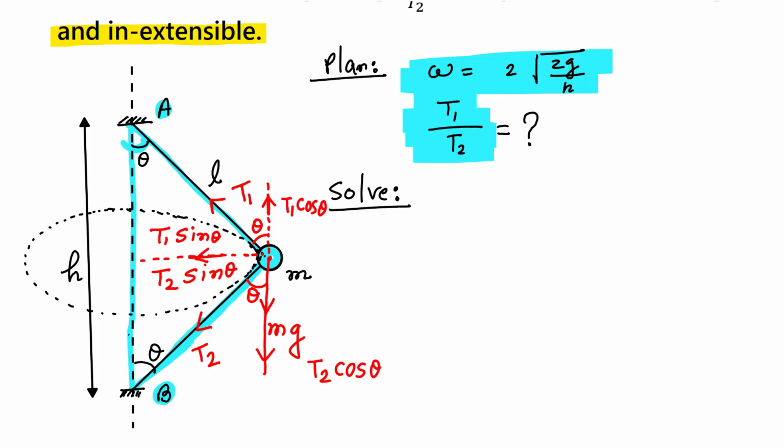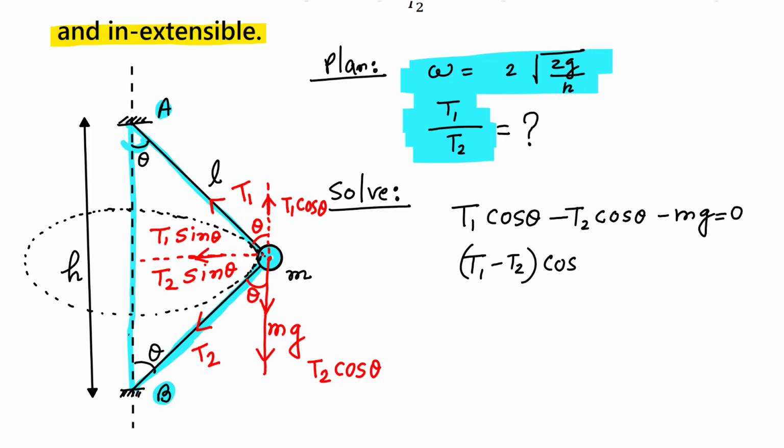In the vertical direction, you will have T1 cos theta minus T2 cos theta minus mg is equal to 0. This means (T1 minus T2) cos theta is equal to mg. So this is the first equation.